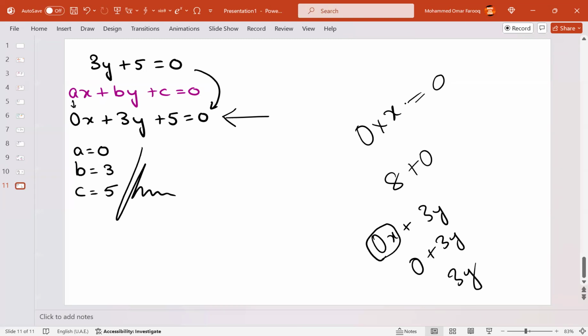Sir, so we have to check if it is zero or what. Yes, if they give you the question and you don't have the x term, you can write it as 0x plus 3y plus 5 because there is no change in the value.